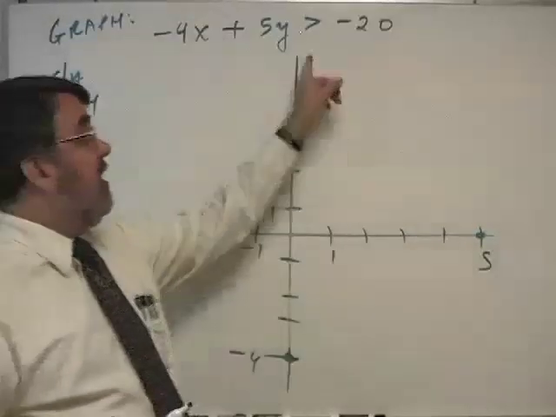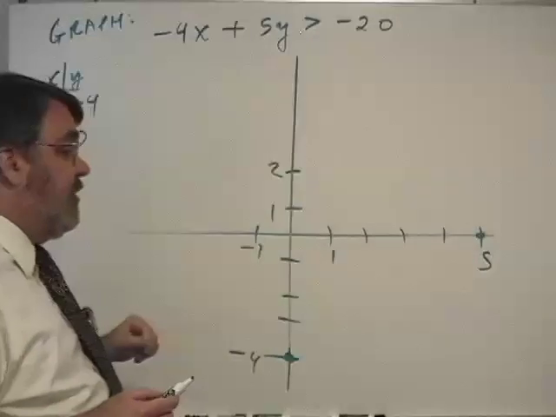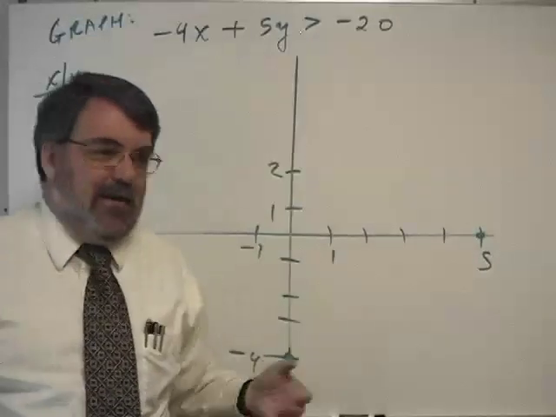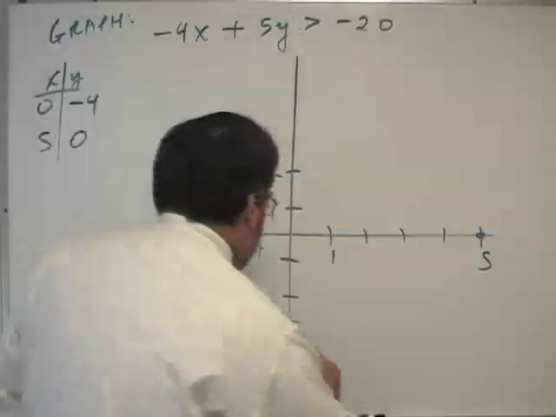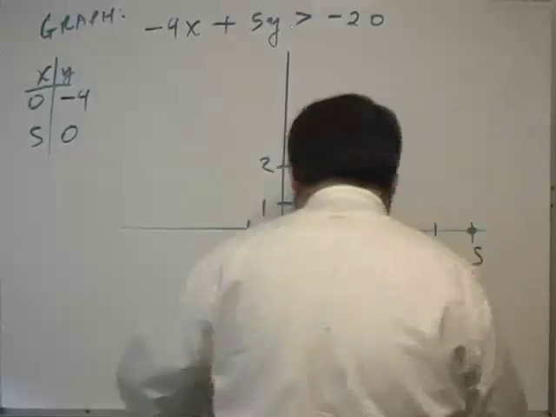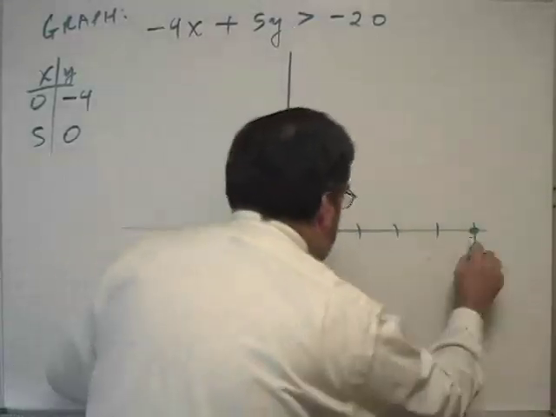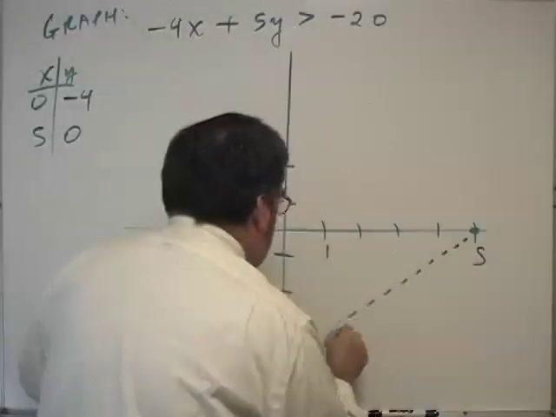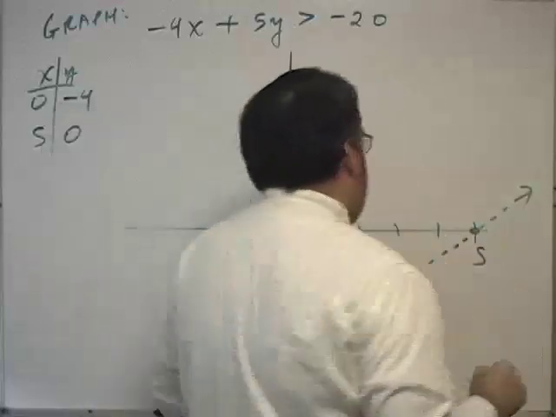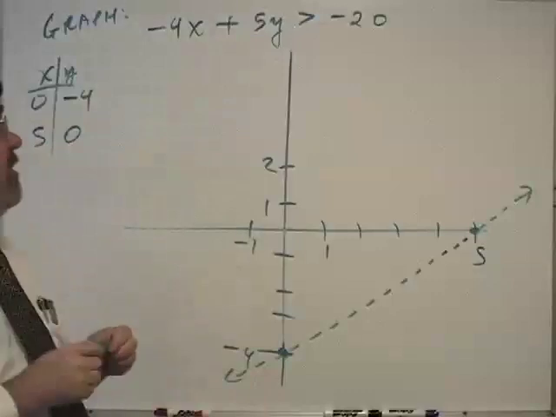Alright, now it says greater than. So I'm going to use a dotted line. Well, we call them dotted lines, but we draw dashed lines with dashes. So let me see if I can do a good job of this. There's my dotted line or dashed line.